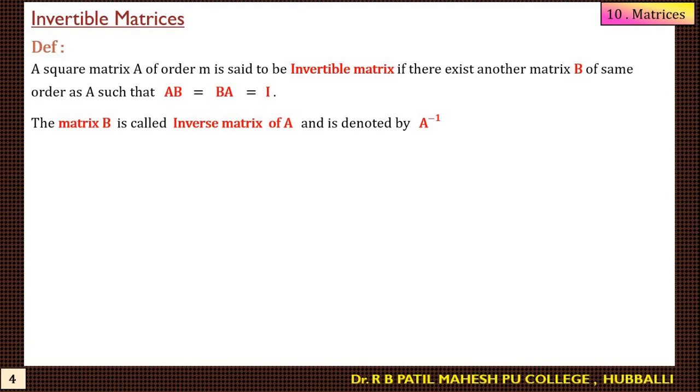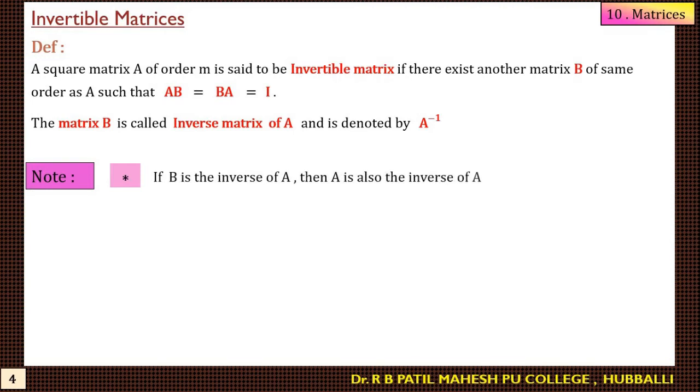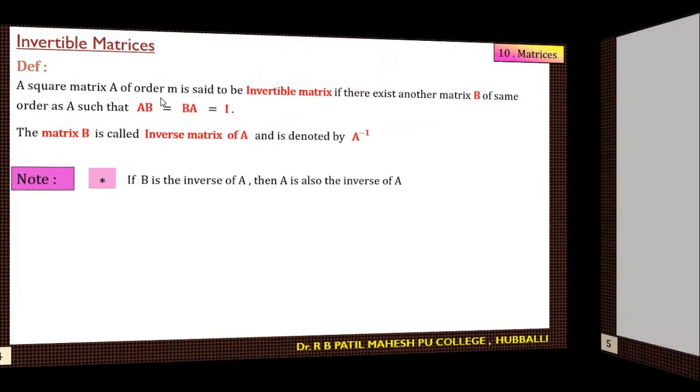Instead of B we denote it as A inverse. Some important points on invertible matrices: if B is the inverse of A, then A is also the inverse of B, so it is vice versa. If A is a matrix then B is its inverse, and if B is a matrix then A is its inverse.